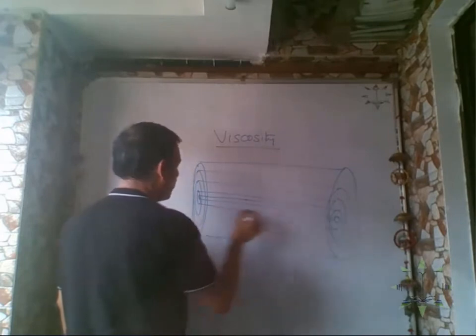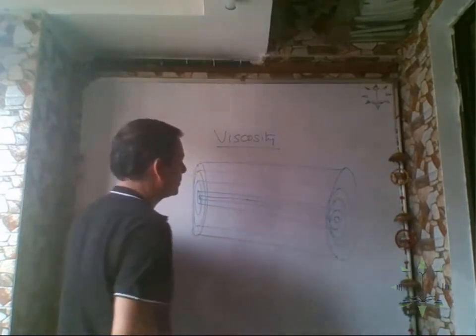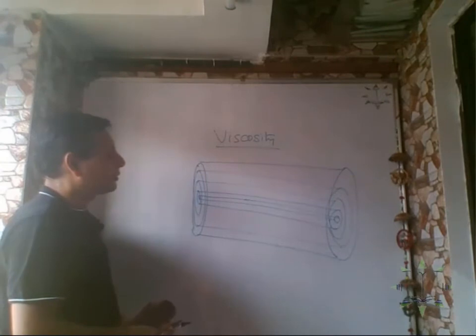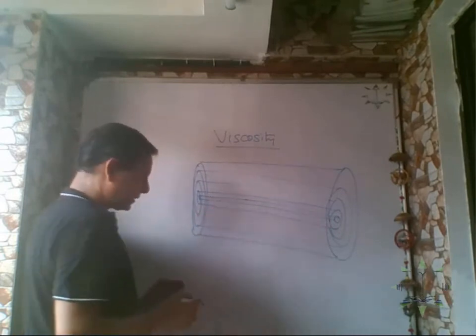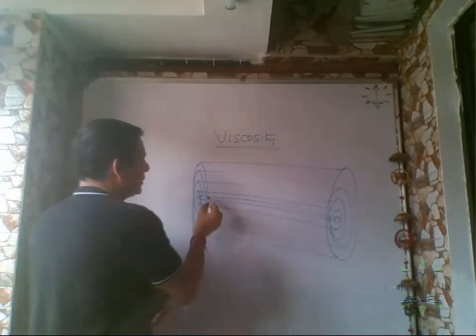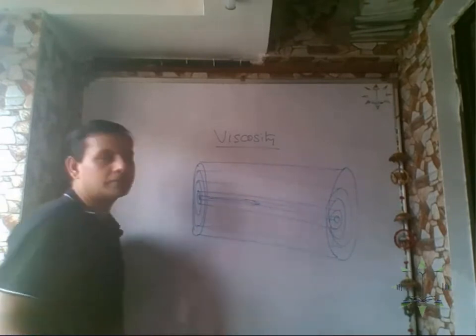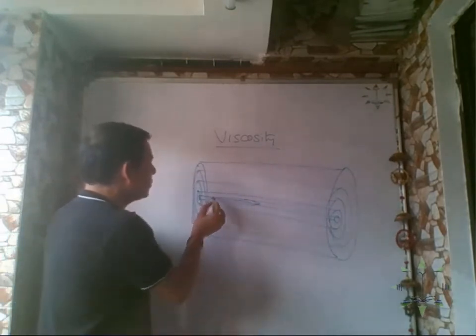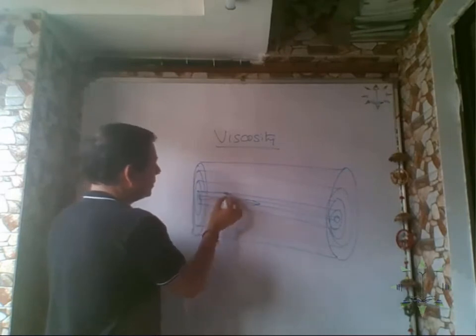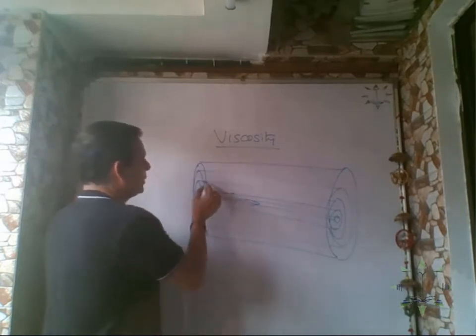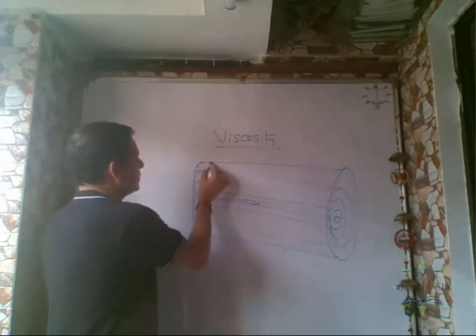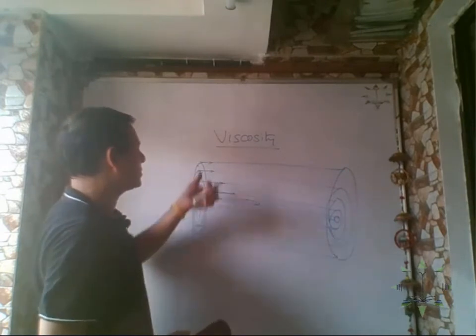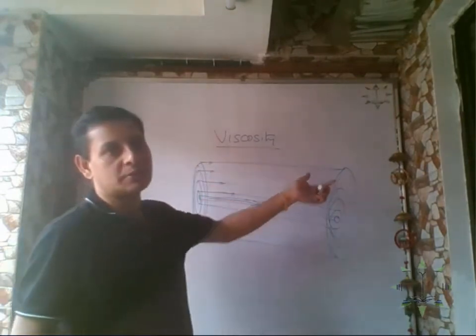Now, the velocity of this liquid layer, which is along the axis, this is more. As you go up, this layer will have a less velocity, this layer will have still lesser velocity, similarly this, so ultimately the velocity is such that the liquid sticks with the wall of this tube.